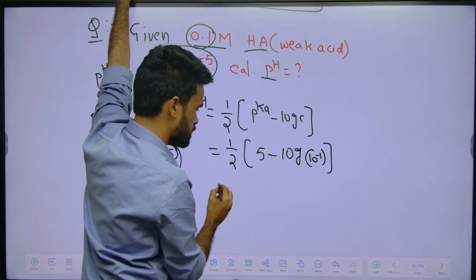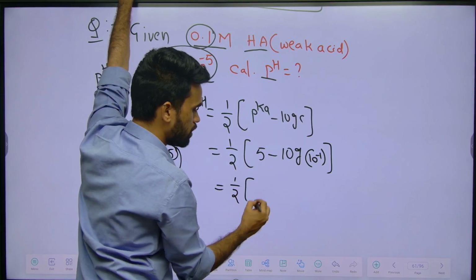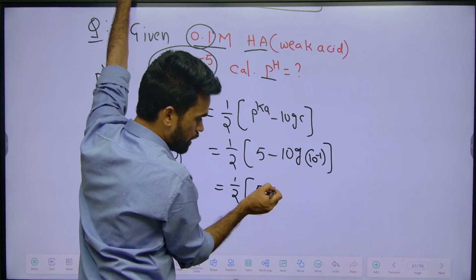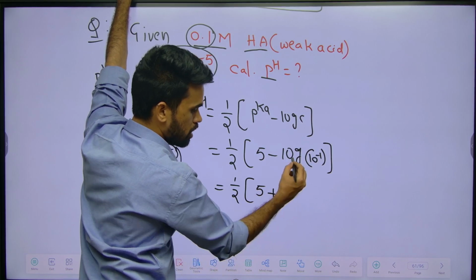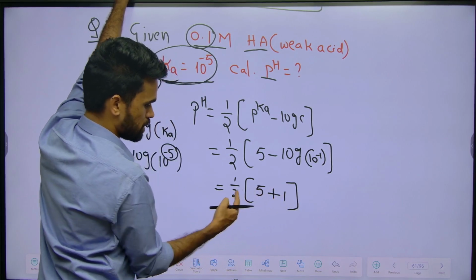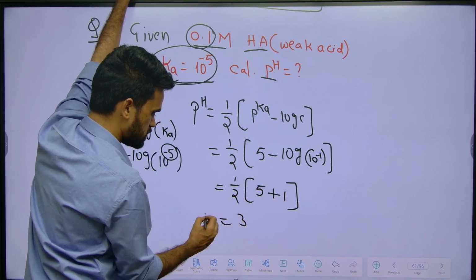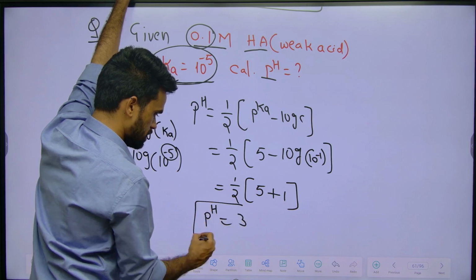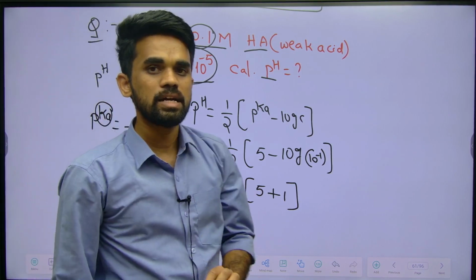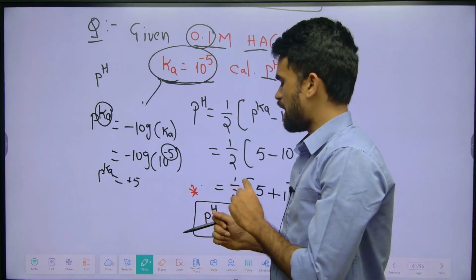I already discussed that in the previous sessions. So this is 5, and you write this minus 1 over here. Minus becomes plus, 1, log 10 is 1. That's it. So 5 plus 1 is 6, by 2 is 3. So what is the pH of this resultant solution? It is 3. So this is how you need to calculate the pH of weak acids.